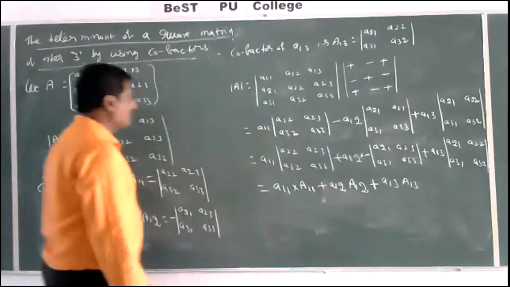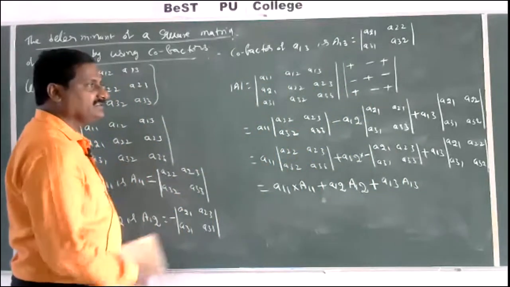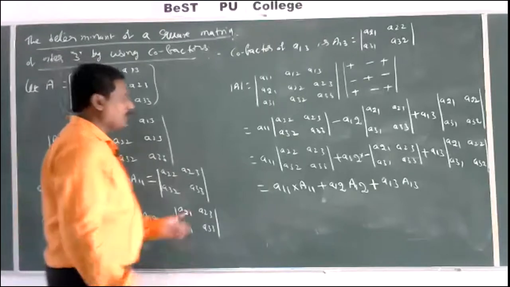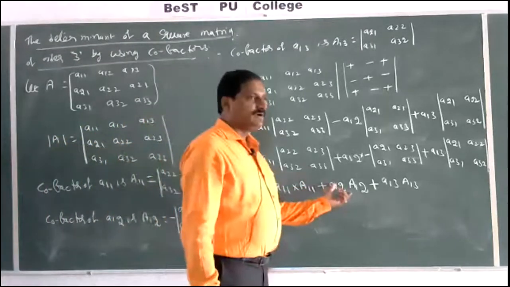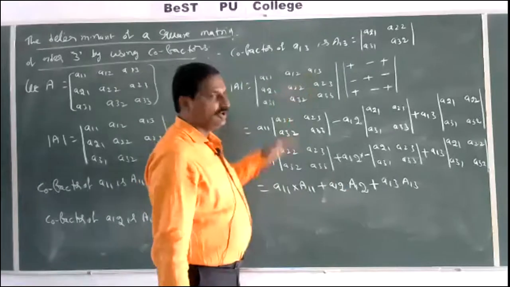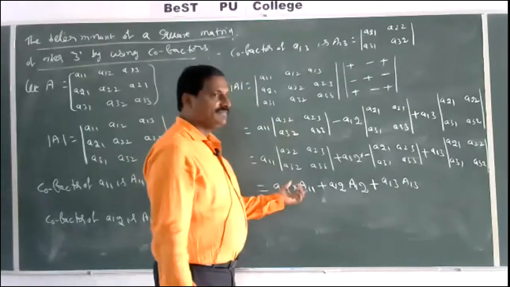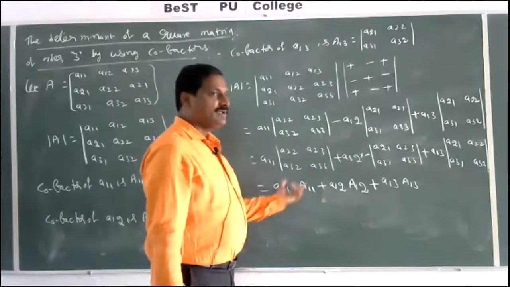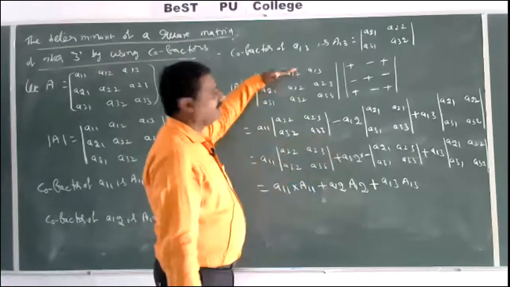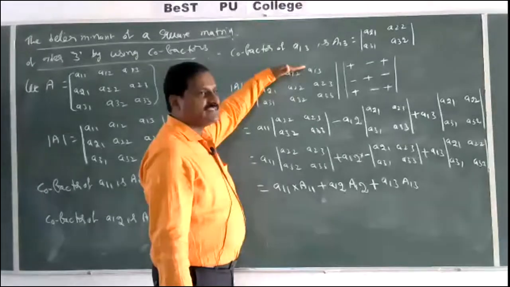From this we can conclude that the determinant of a matrix is equal to the sum of the products of the elements of any row or any column with their cofactors. We are taking the first row here.